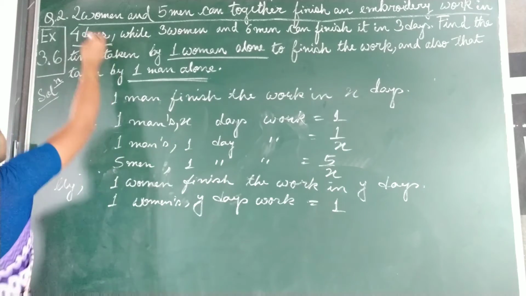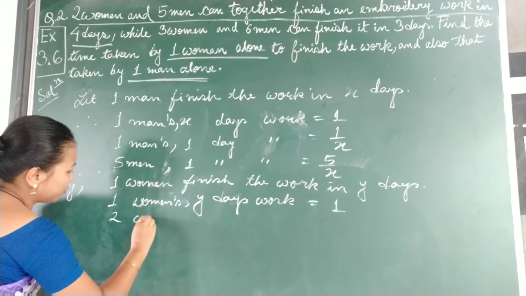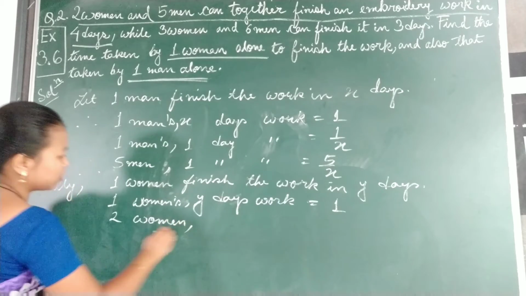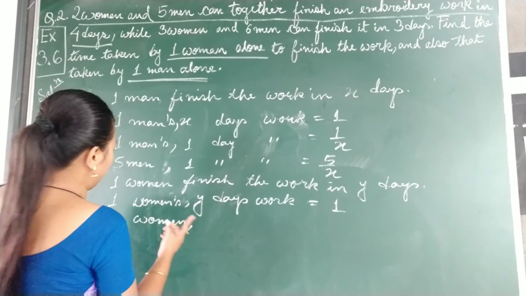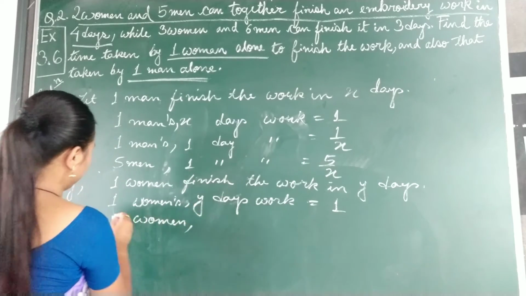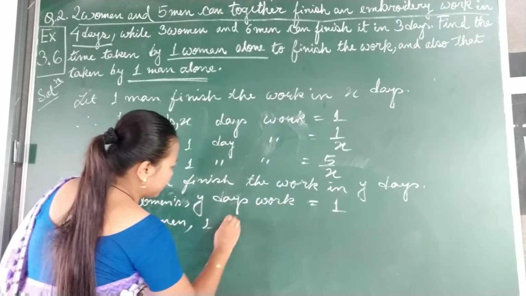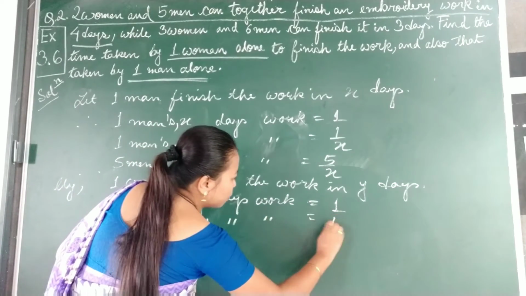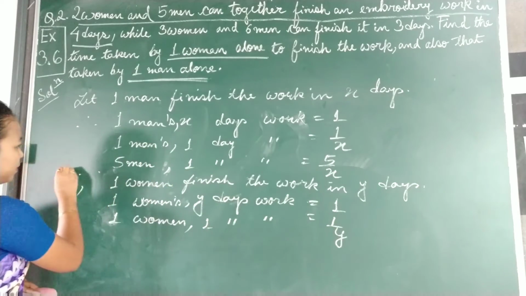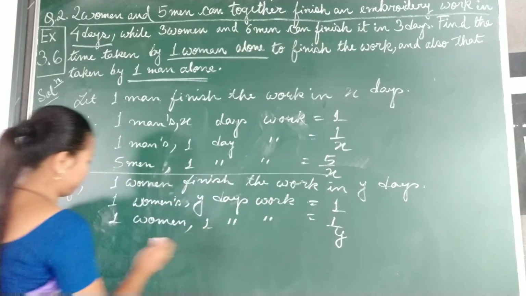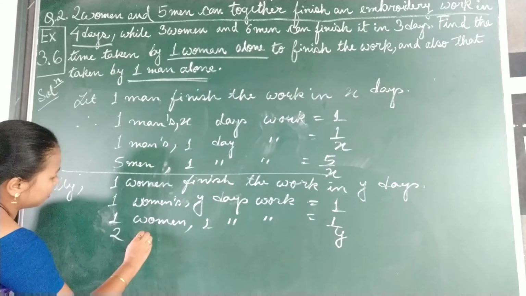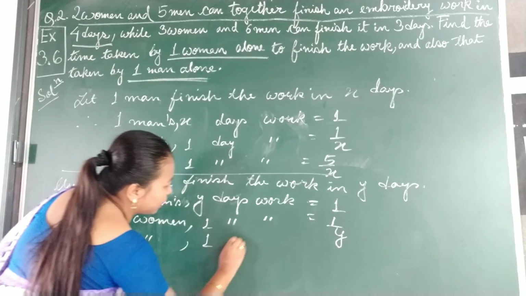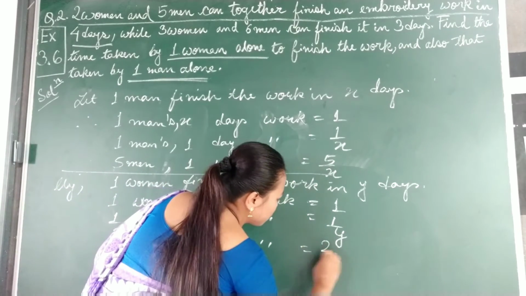Then how many women? 2 women. Then 1 woman's 1 day work is equal to 1 by Y. From here we have changed the thing for man and woman. So 2 women's 1 day work is equal to 2 by Y.